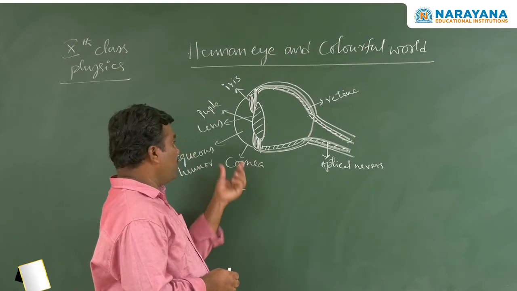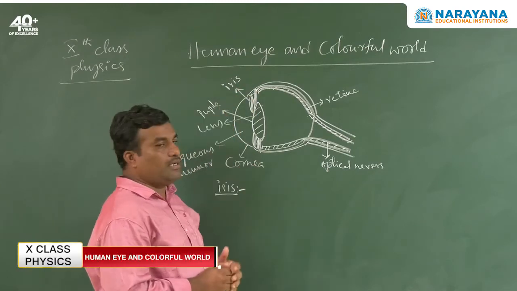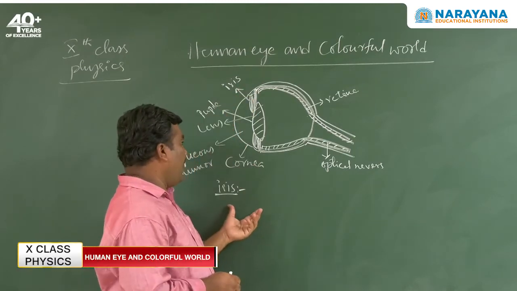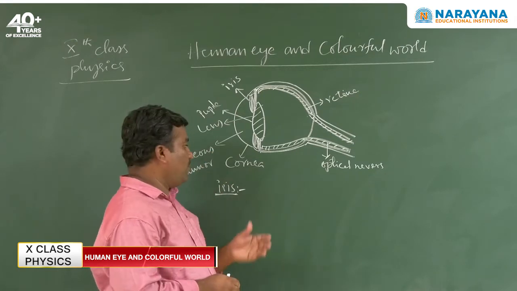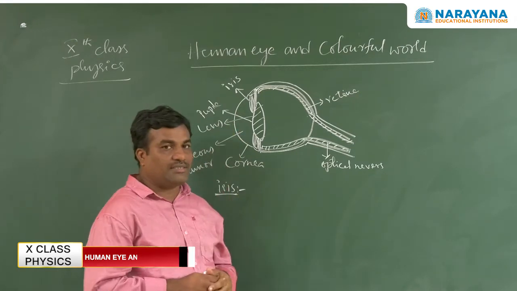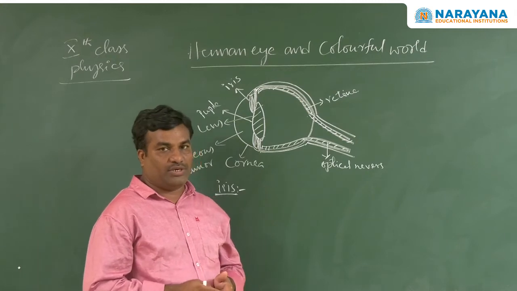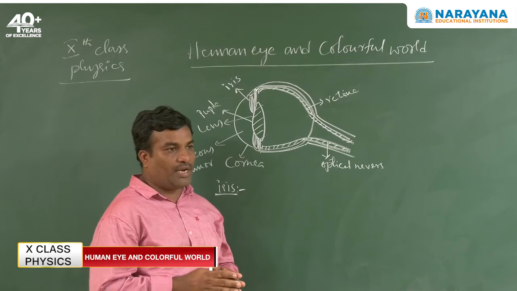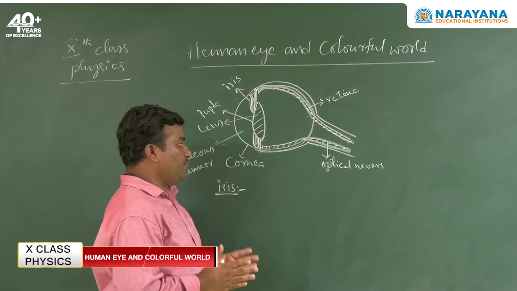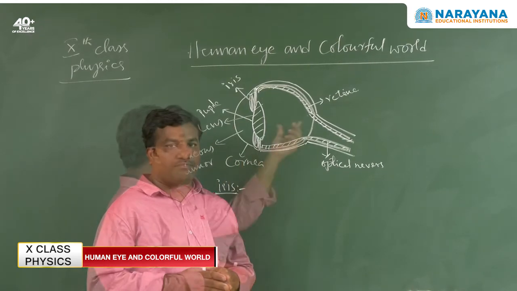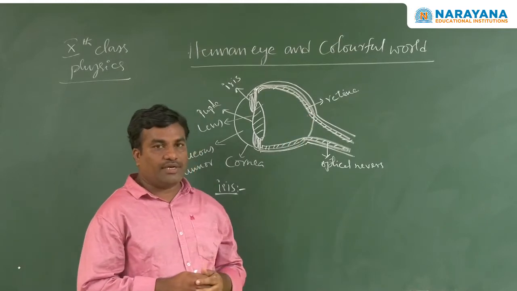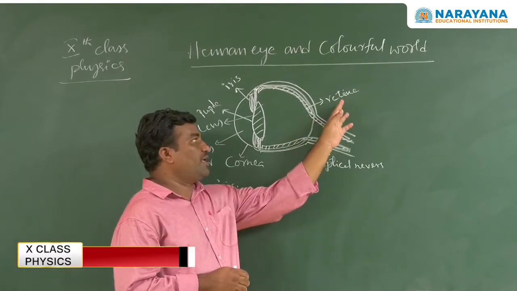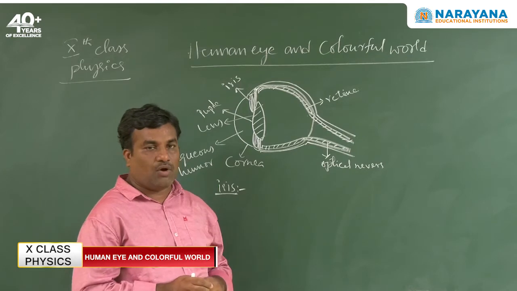These are the main importance of the iris and pupil. We also observe the aqueous humor, cornea and lens. The lens forms the image; image formation is the main responsibility of the lens. Another point is the retina. What is its purpose? We get the images on the retina.